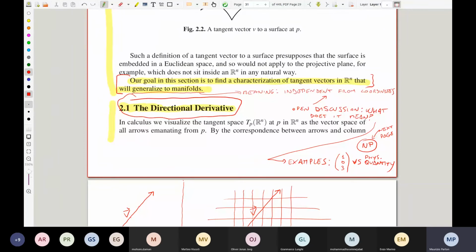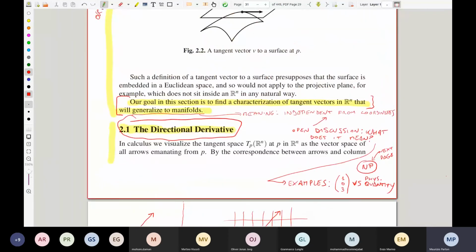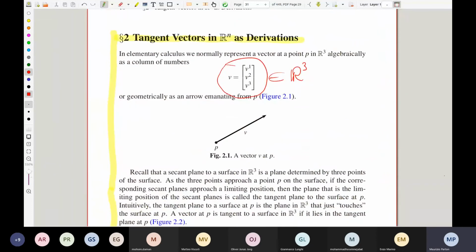It means the following. Let's go back to this vector. When you say you have this vector, you understand that you are assuming you have chosen a basis for R3, chosen from the beginning.